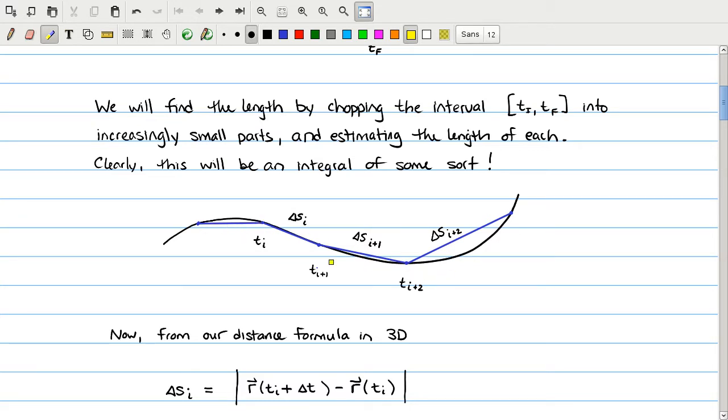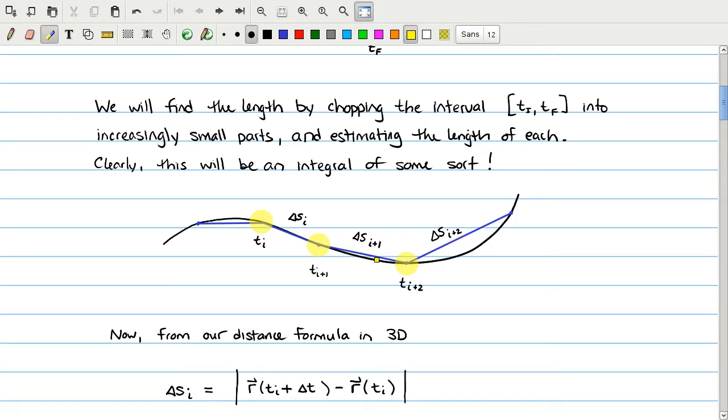Different values of the parameter t, ti, ti plus 1, ti plus 2, and so on. And in between these parameter values, we have a certain duration of the parameter, but we also have a certain distance apart of the points on the curve. And we can approximate the length of some section of curve by simply treating these pieces as linear.